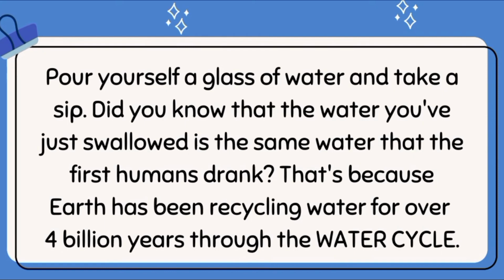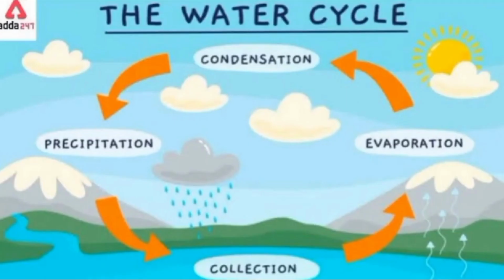Yes. What's the water cycle? The water cycle is the movement of water around the Earth. For example, you can see in this water cycle, we have the condensation, precipitation, collection, and evaporation. And you can see we have water in all water bodies like the river, the stream. So when it hits the rivers, it evaporates and forms heavy clouds in the atmosphere.